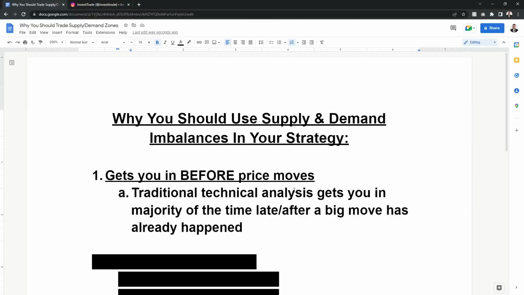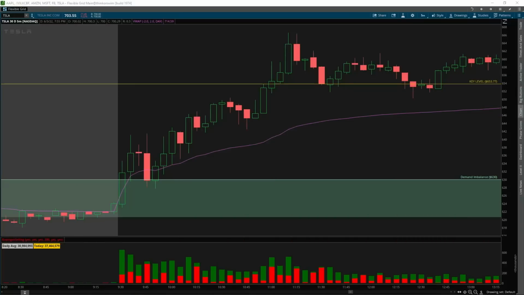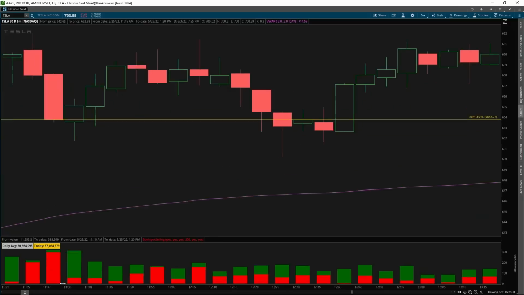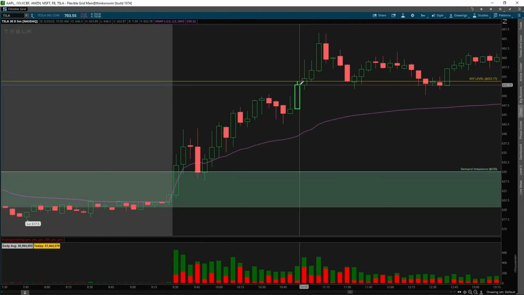Traditional technical analysis, not always, but the majority of the time, gets us in late or after a big move has already happened. For example, going to this Tesla chart, let's just say we wanted to get long using traditional technical analysis above a resistance point, and maybe we're targeting, in this example, 664, this line I just made up here.